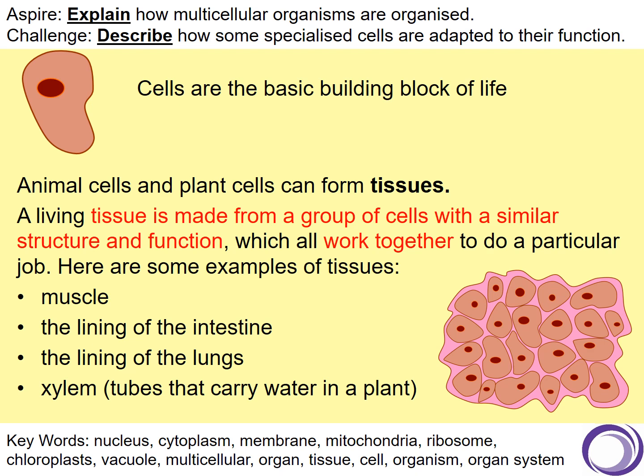And here are some examples of tissues. So muscle is a tissue, the lining of the intestine, the lining of the lungs, and in plants, xylem. So xylem tissue inside a plant are the tubes that carry water.